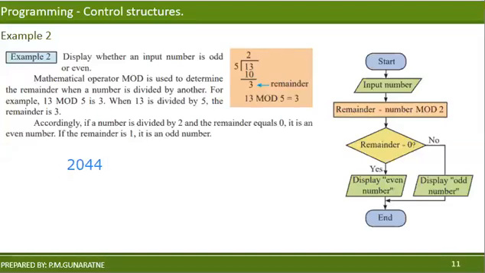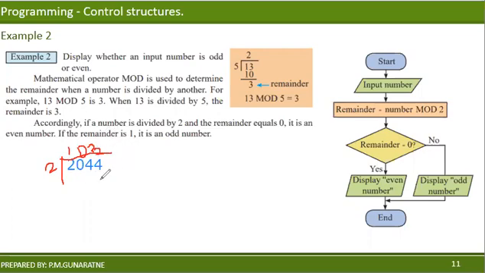We are going to divide 2044, the given number, by 2, and it will give you the answer 1022 and there is no remainder, right? Excuse me for this writing.